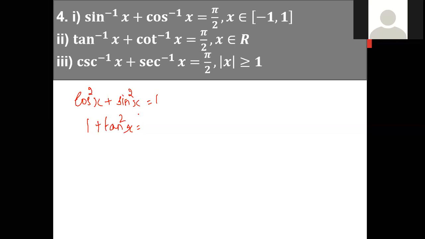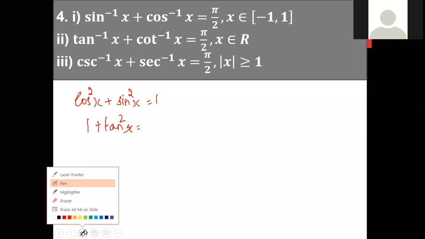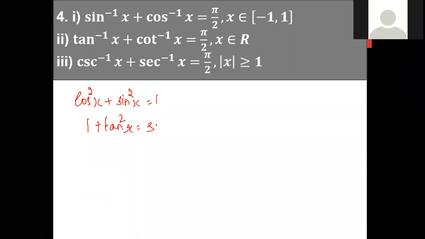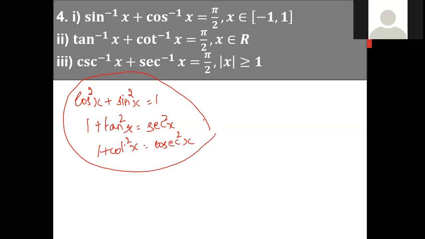And 1 plus cot square x is equal to cosecant square x. These were the basic identities in trigonometry, correct?